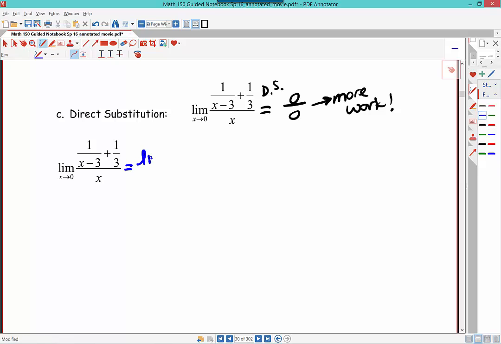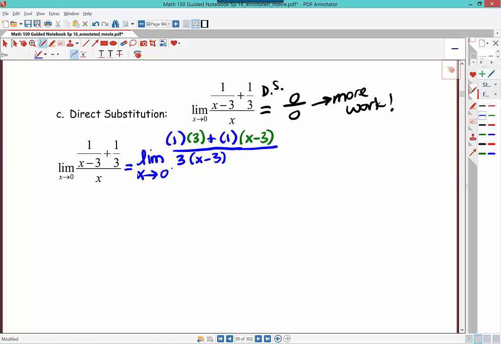This will be the limit as x approaches 0 of. Do you guys see that the common denominator in the numerator is 3 times x minus 3? And the first one is missing the 3. And then the other numerator is missing x minus 3.